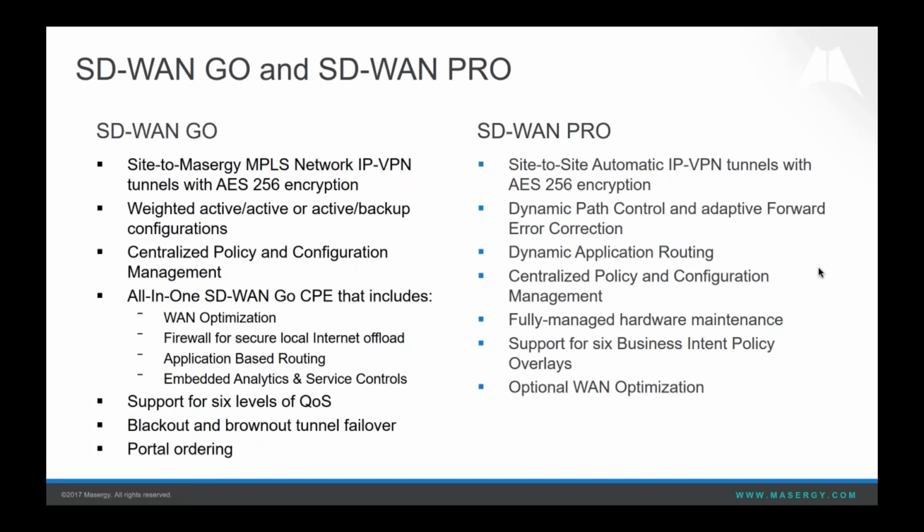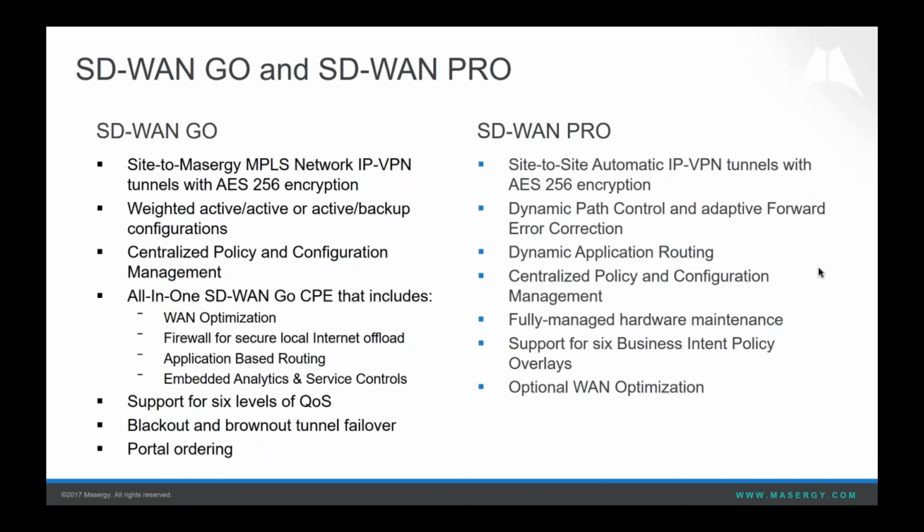Both solutions offer active-active network configurations where they're going to utilize all the bandwidth that's coming into a site between circuits. They all support centralized policy and configuration management, application-based routing, and also WAN optimization.